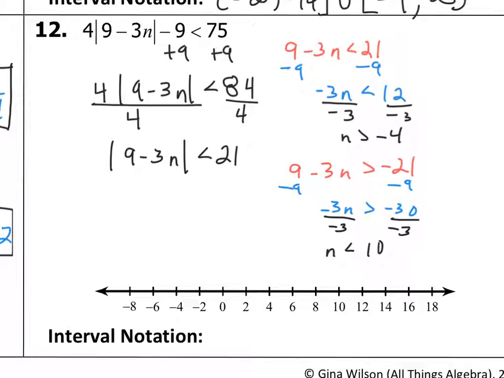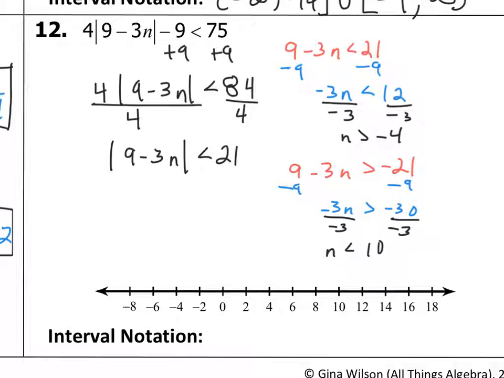Again, notice that we isolated by doing a bunch of work, first adding 9, then dividing by 4 to get the absolute value by itself. And then we set up this equation here and this equation down here. So the positive number kept the inequality sign the same. The negative number caused a reversal of the inequality symbol.